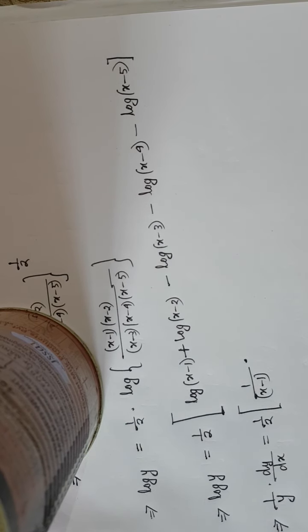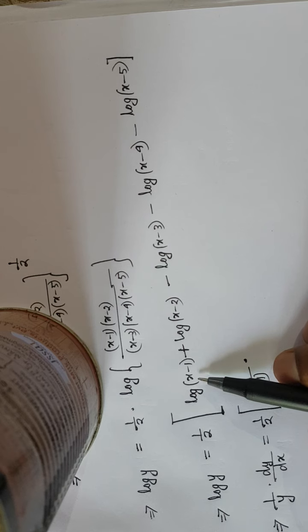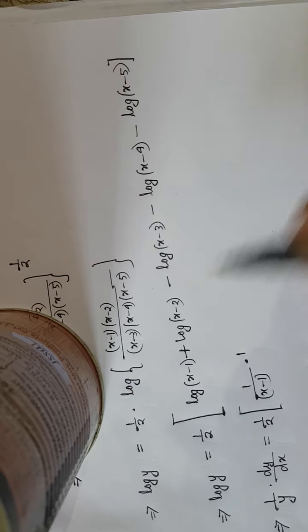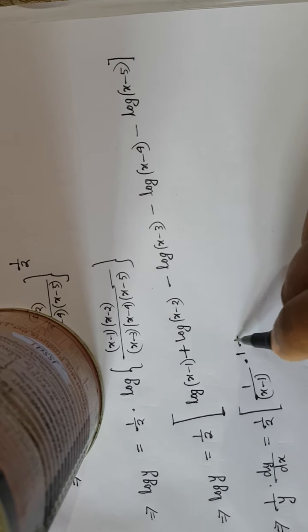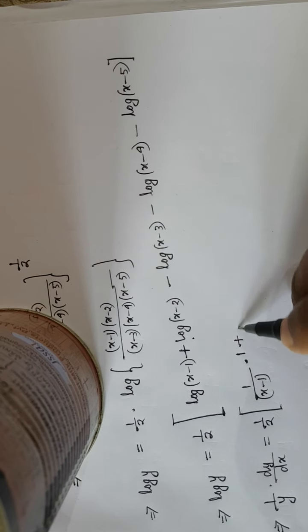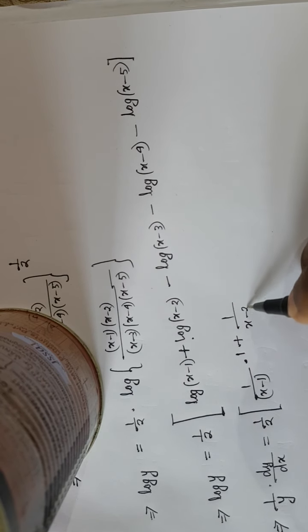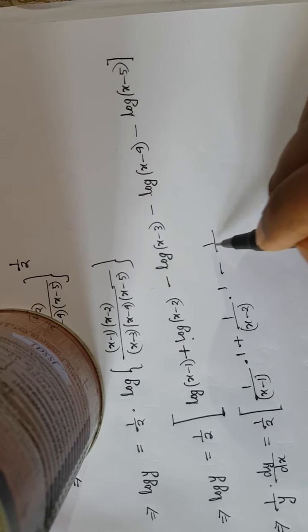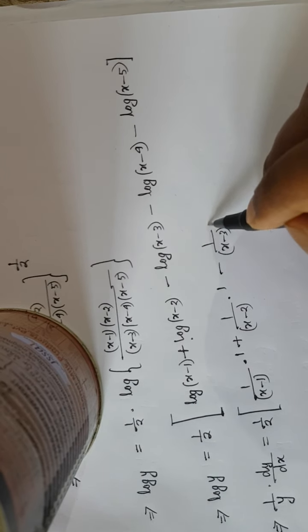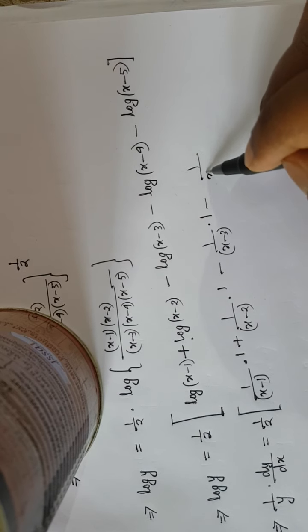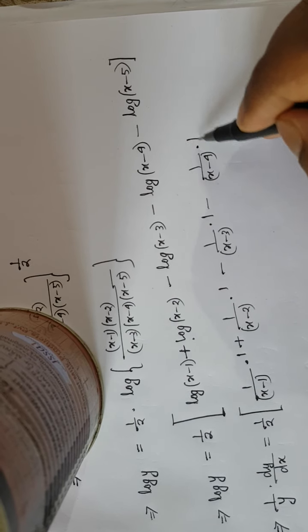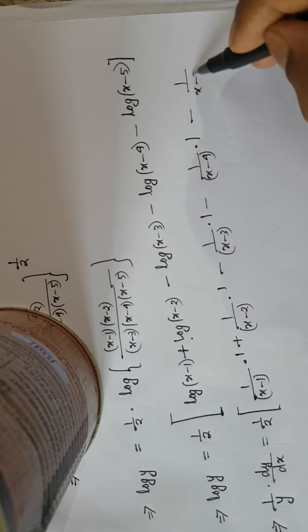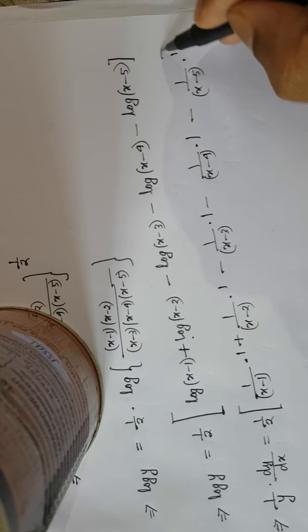Now if you go inside, for x the derivative is 1 and for 1 it is 0. Again for log of x minus 2, 1 by x minus 2 and for x it is 1. Again 1 by x minus 3 for x 1, 1 by x minus 4 for x it is 1, 1 by x minus 5 for x it is 1.